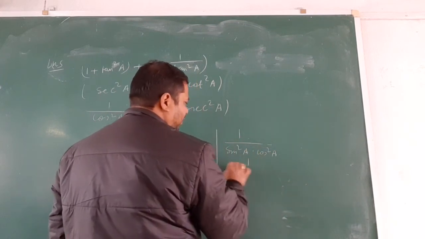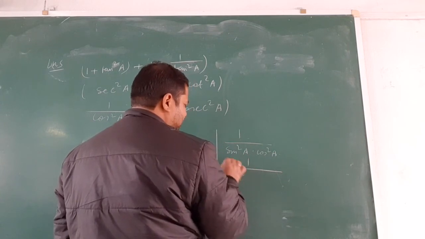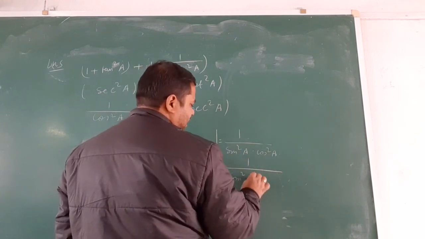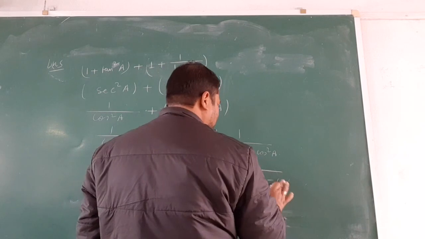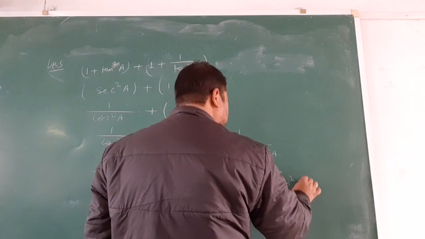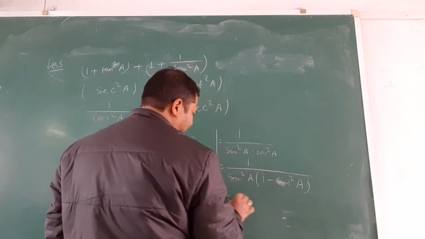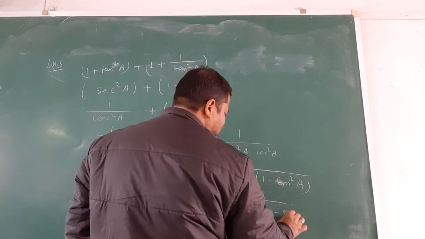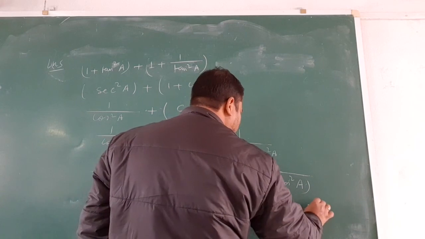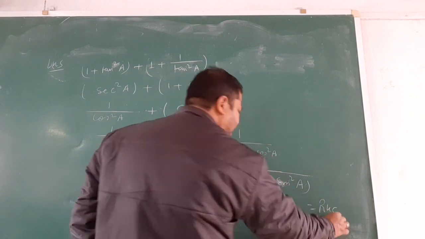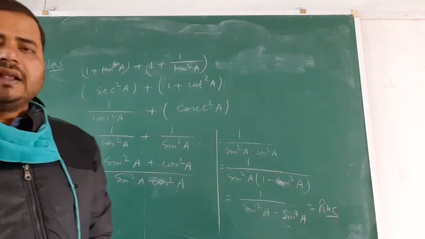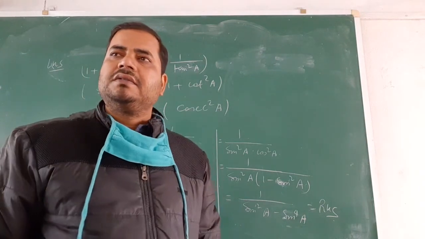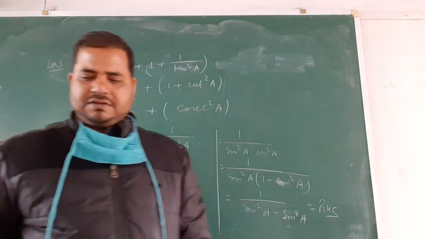So 1 upon sin square a, and cos can be converted in sin, 1 minus sin square a. And if you multiply it, 1 upon sin square a minus sin power 4a, and this is your RHS. This is your RHS. Clear? Okay? So note it down.